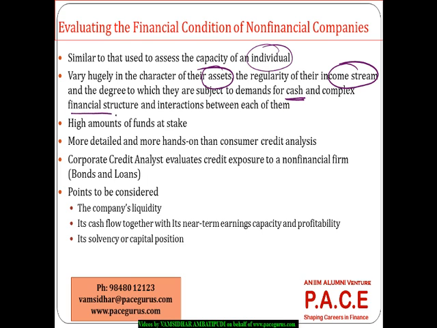The debt to equity structure could be different among the different companies, and the correlation existing between each of these characteristics could differ. Which means though at the outset the borrowing of a non-financial company looks similar to that of an individual, in reality there are a good number of structural differences between the two.